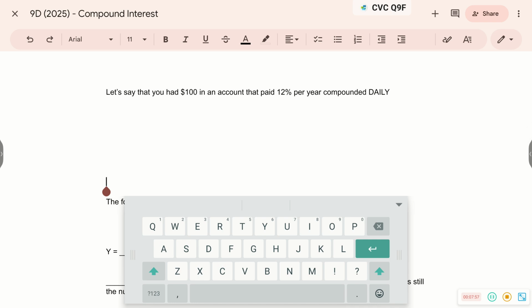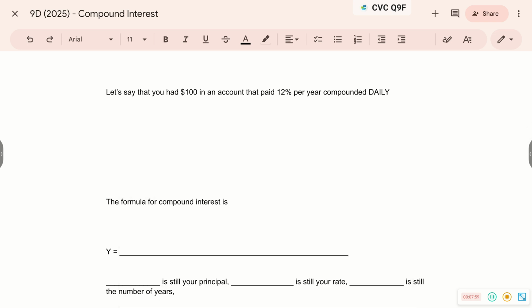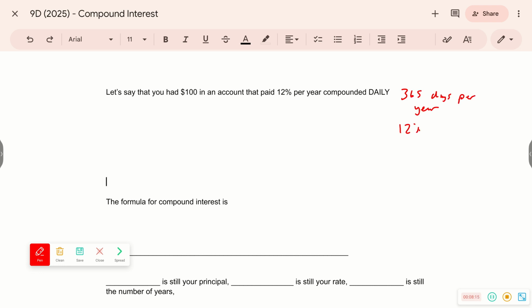If we did this daily, if we compounded this thing daily, which is every day, there are 365 days per year. So the 12% is split into 365 pieces.